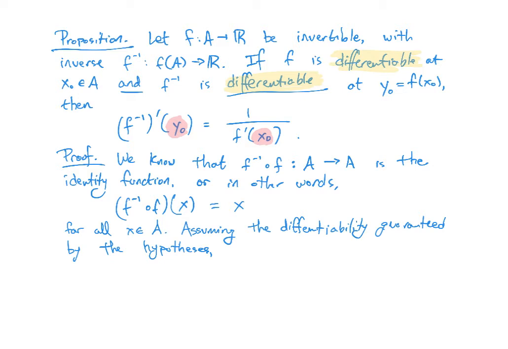On the one hand, the derivative of the identity function, which sends x to x, is just 1. So that has to be the derivative of f inverse composed with f.